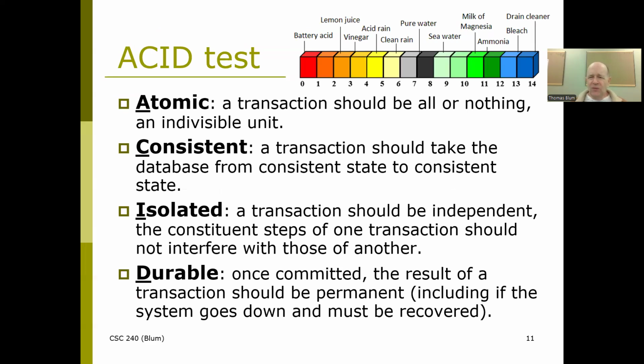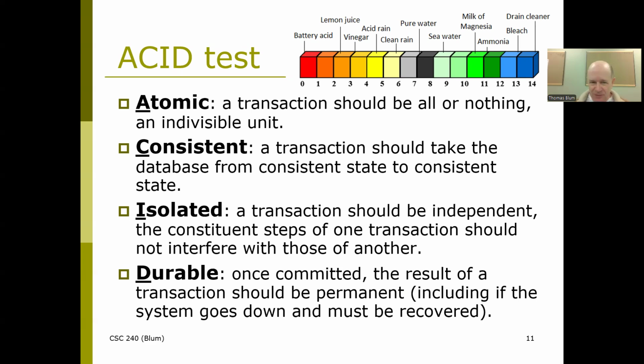Okay. We always say that a transaction should respect the ACID test or pass the ACID test. ACID: A, atomic; C, consistent; I, isolated; D, durable. So it should be atomic, considered like a unit, all or nothing.